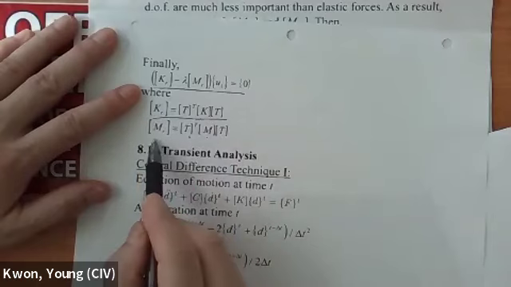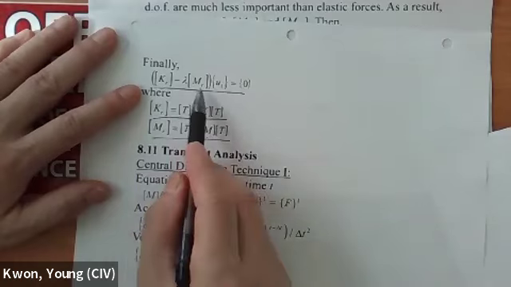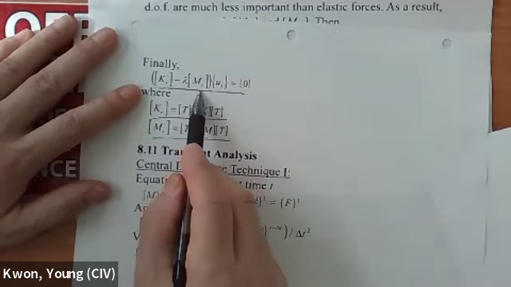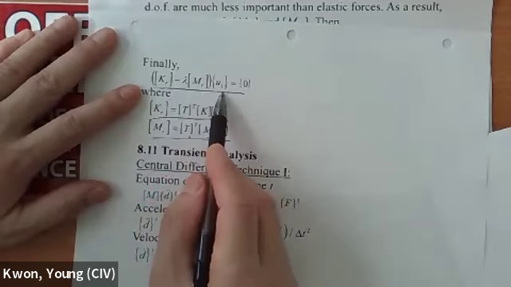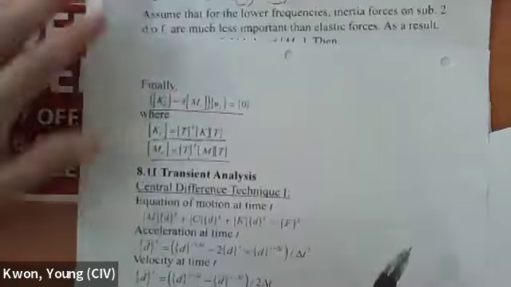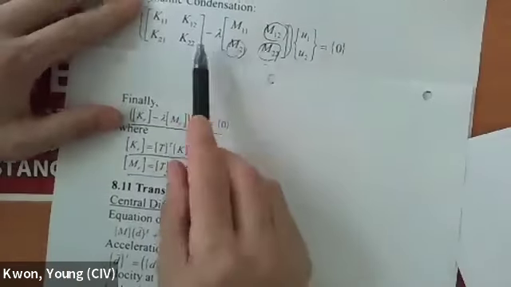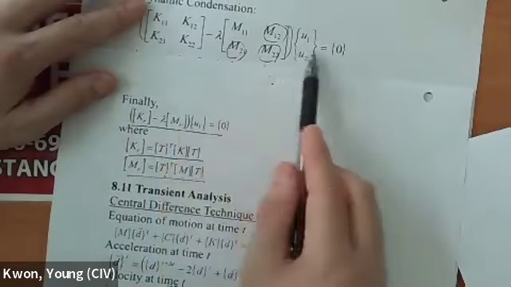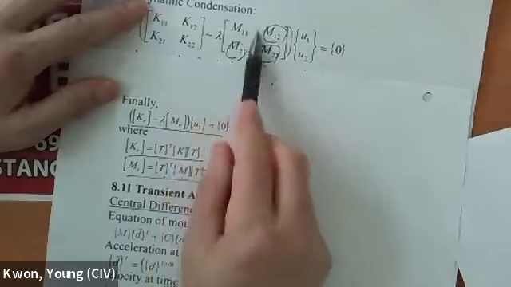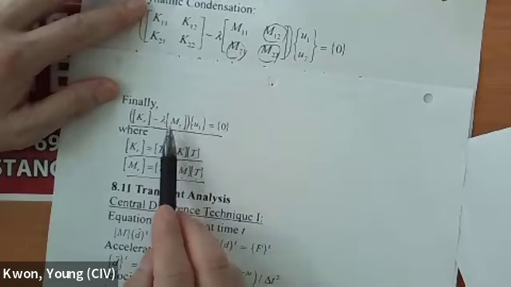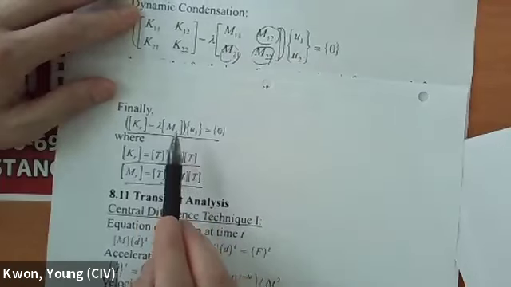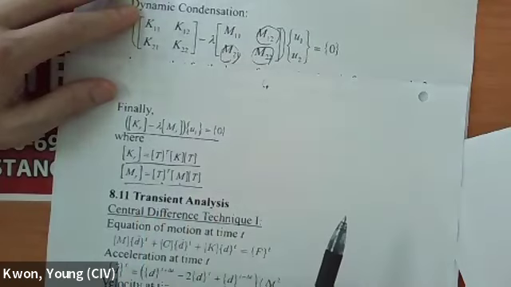So that's the reduced stiffness matrix and reduced mass matrix, and then you can find the eigenvalue and eigenvector of the degrees of freedom associated with the first group. So again, this was 100 by 100. Now you split it into half, so instead of solving a 100 by 100 matrix, we are now solving 50 by 50, which is going to be much more efficient in calculation of the eigenvalues.